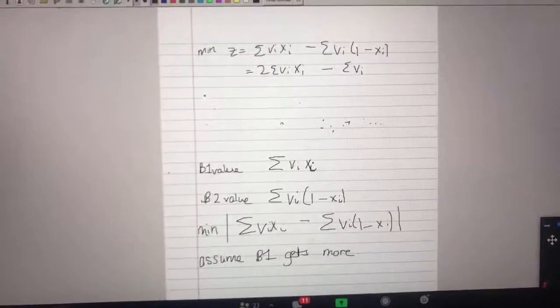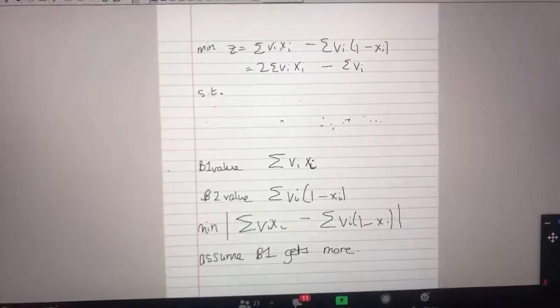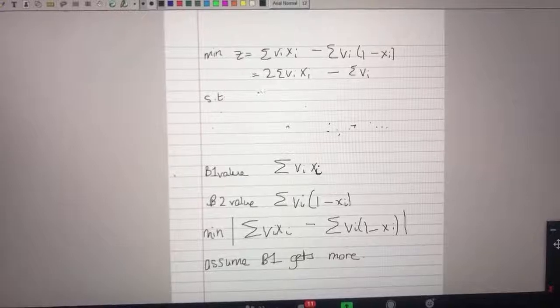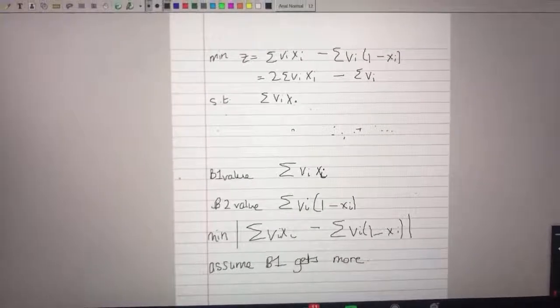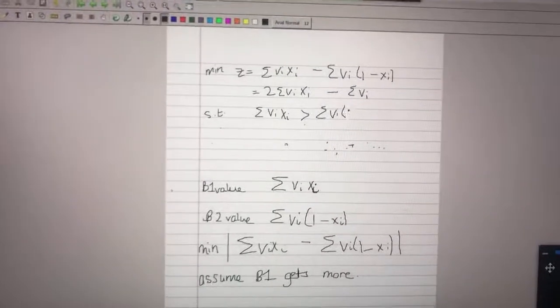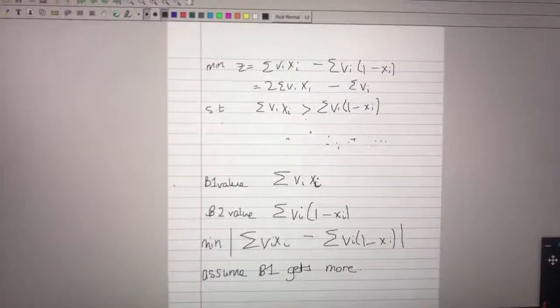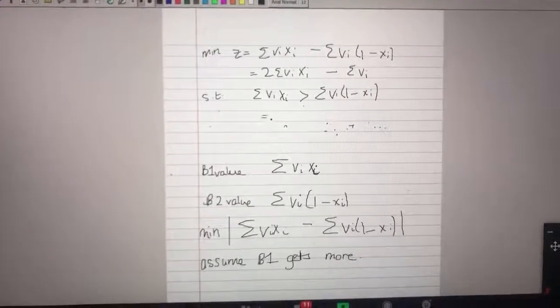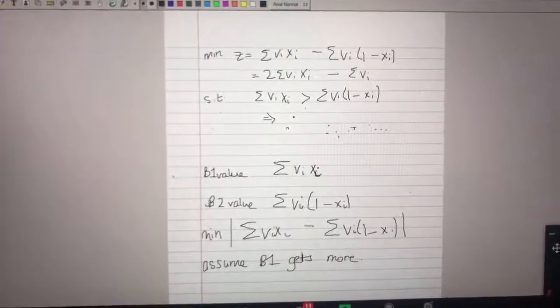Okay, and then we're subject to the assumption that brother 1 got more. So that was the assumption that this is greater than this. Okay, so then you can rearrange that, which is what you end up with.